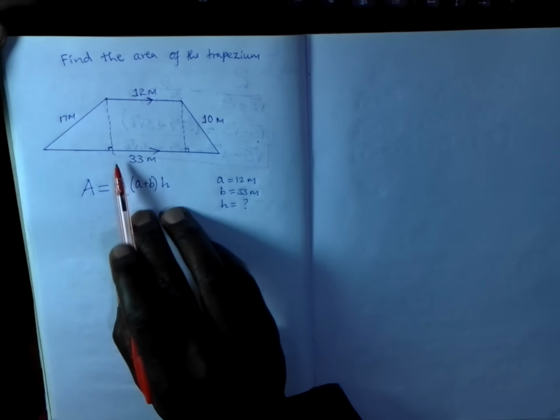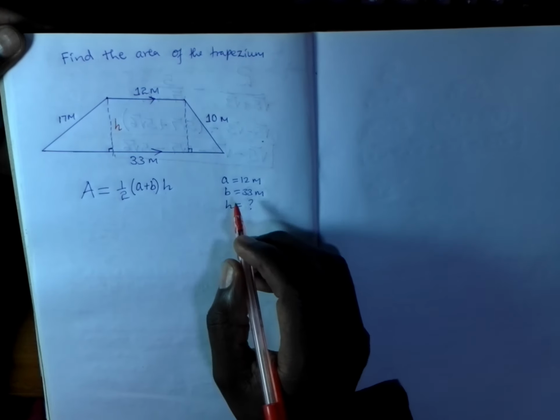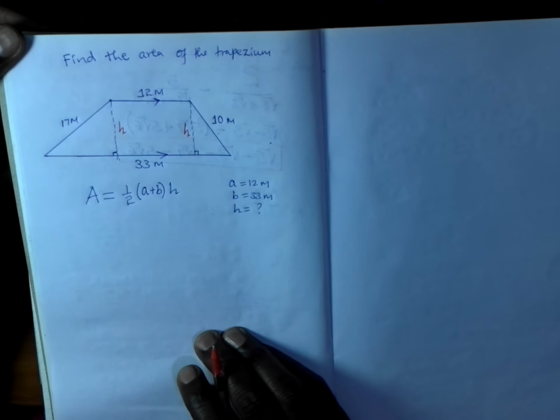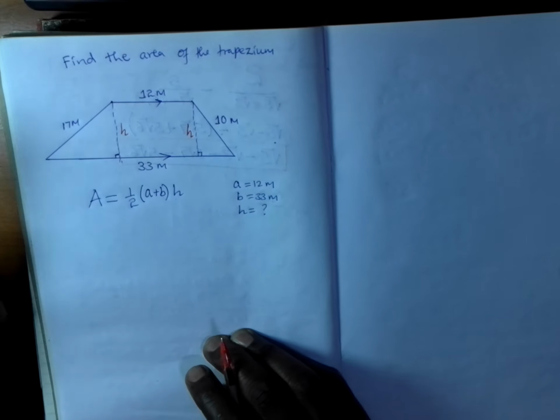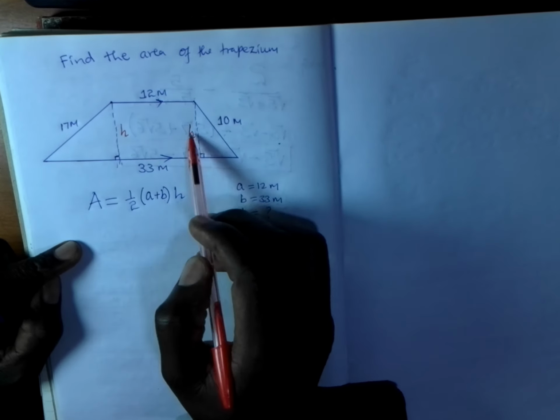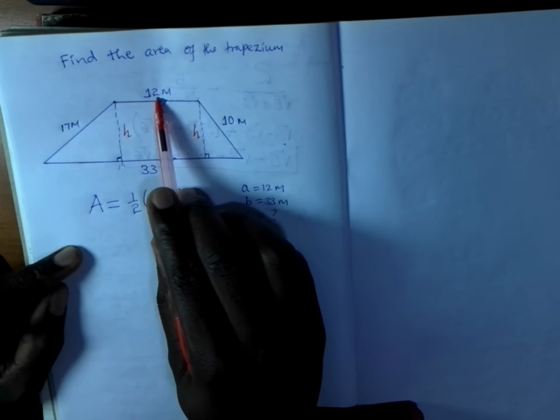So to get the perpendicular height, this is our perpendicular height h, and also that side. Now, if we draw this perpendicular line, we know from this point is 12 meters.